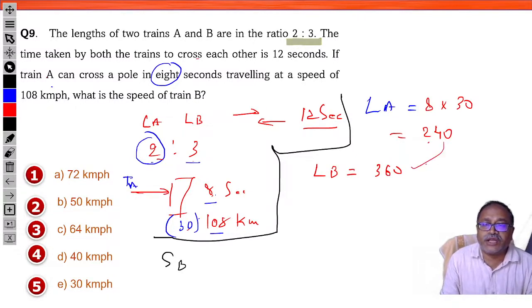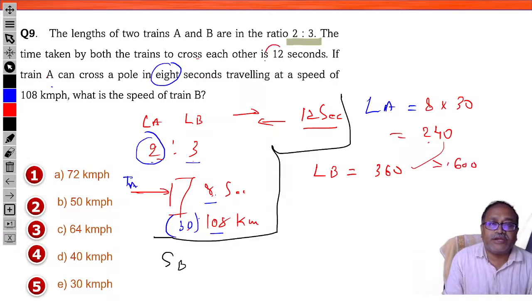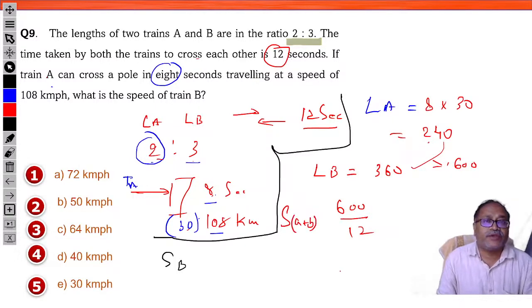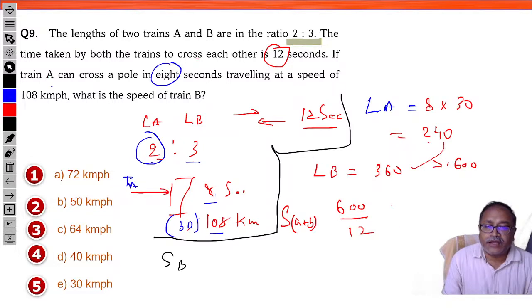What is the total length? The total length is 600. And how much time does it take to cross each other? 12 seconds. So that is 600 divided by 12 seconds. I will get the relative speed of A plus B, which is 50. I am changing the color of the pen. What is the speed of B?